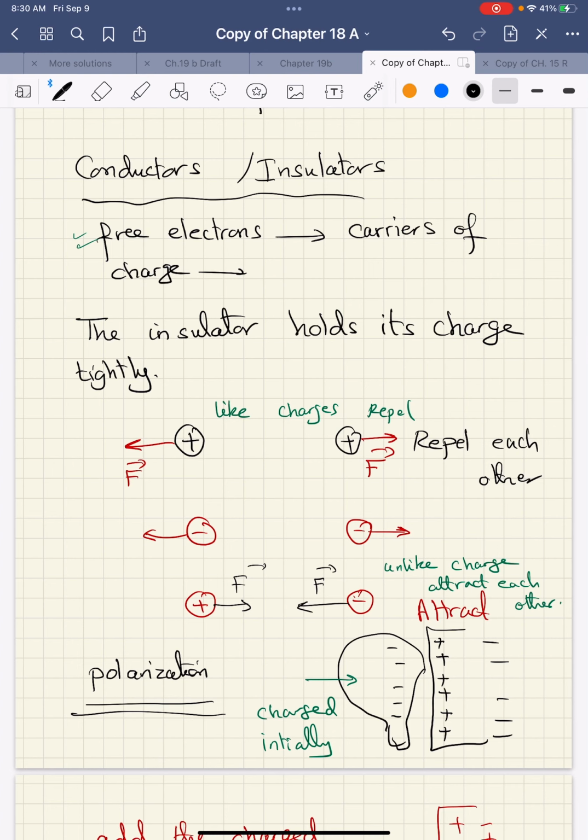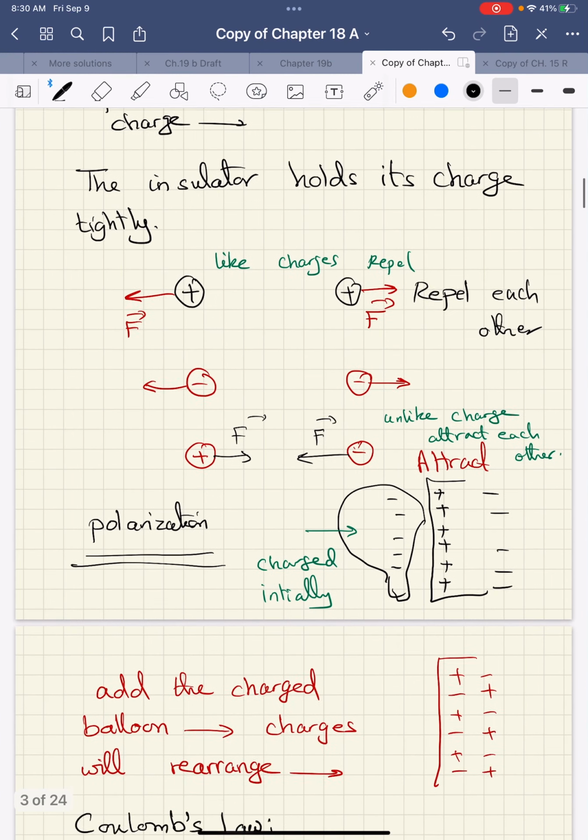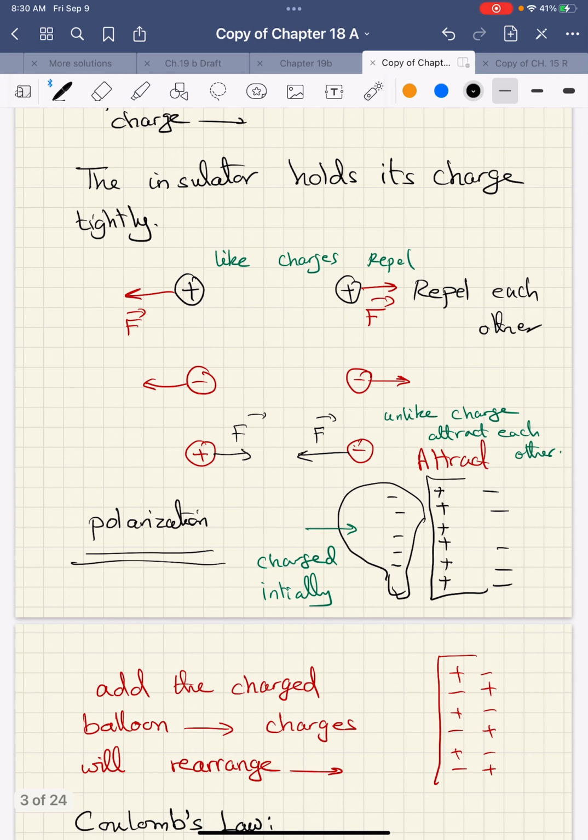Before I start talking about the actual physics, I want to say something about polarization. You have a balloon here that is initially charged. You may rub it with your clothes, you may rub it with your hair. Initially, if this is the wall, the negative and positive charges are sitting together in this way.